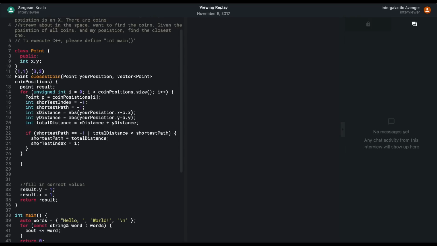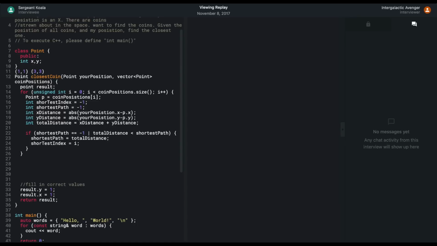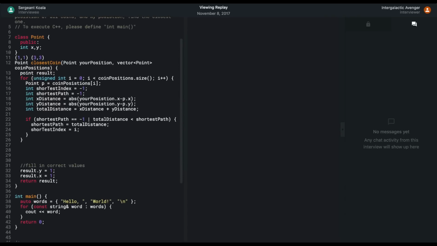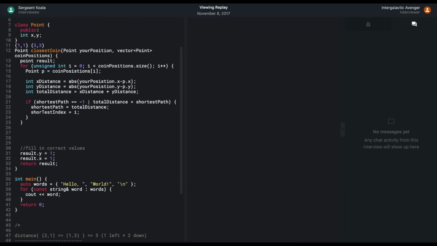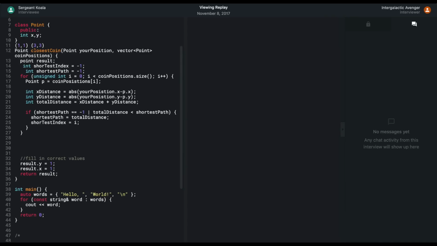And I would actually want to declare shortest path and shortest index outside of the for loop, or they would go out of scope, which would be silly, so I wouldn't be able to use them later, which would be bad. And once I've gotten out of this, shortest index is really the thing that I care about.